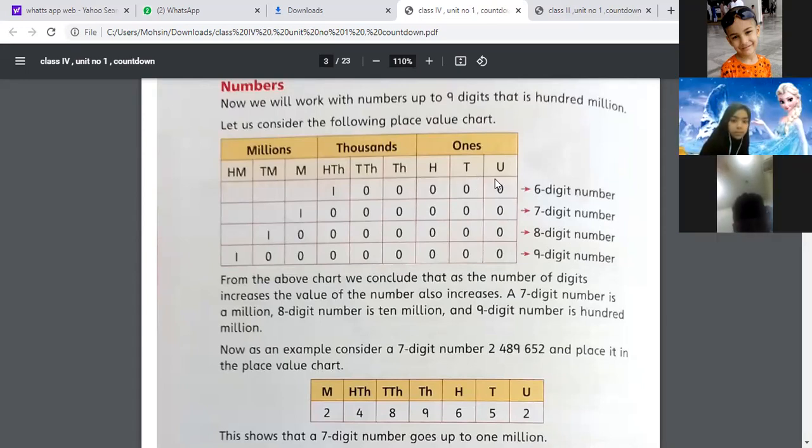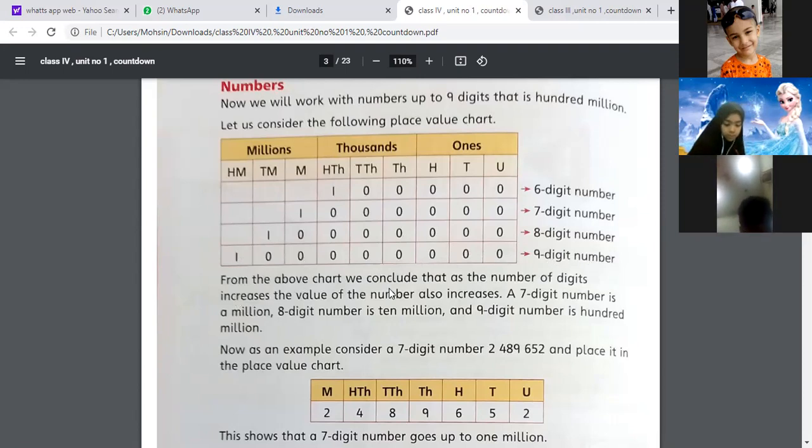We have 1. How many zeros in 100? We have 2. In 1,000, 3. In 10,000, 4. And in 100,000, we have 5. So same like these, how many digits do we have in 100 million? We have 9-digit numbers.